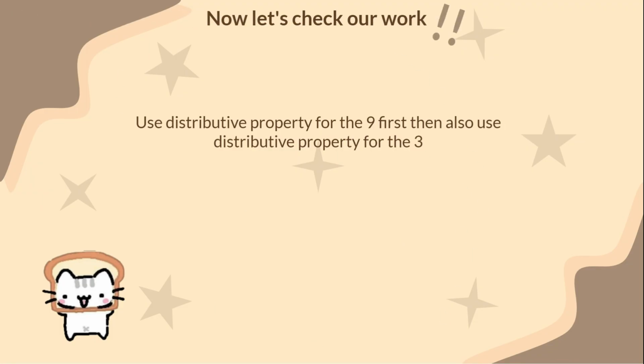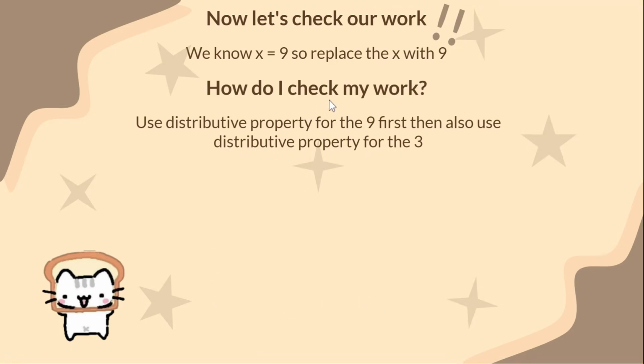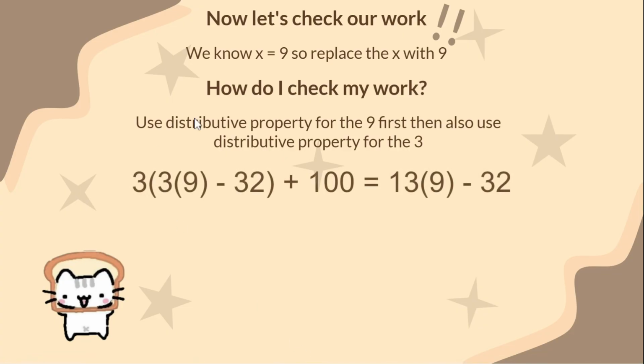So, alright. Oh shoot, that's not supposed to be there. Well, let's check our work. So, we know that x is now 9, so we want to replace the x with 9. And how do I check my work? Use the distributive property for the 9 first, then also use the distributive property for 3. So, what I mean by that? Look at this.